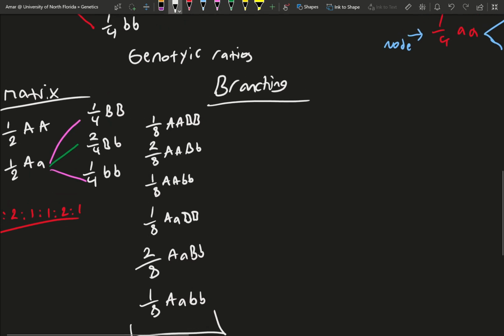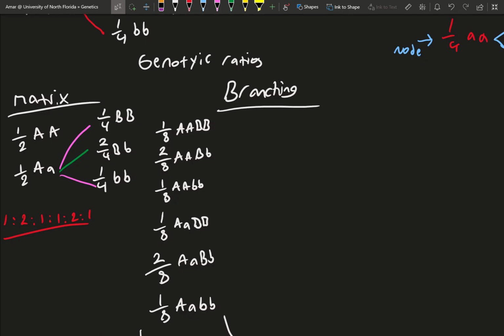So let's do the branching method now. From the A gene, we have a total of 2 products, so we're going to write it down as 2 nodes, big A, half chance, and half chance to get big A, little a. And then because we have 3 products from the B gene, we're going to write down 3 branches for each node from the A. So each of these nodes gets 3 branches.